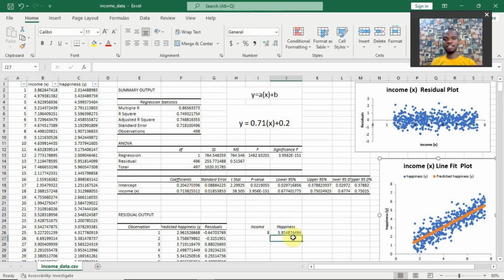So, for instance, if I write a model equal to this times a value of x again, and I do plus, and let me use this value of intercept, and I enter.